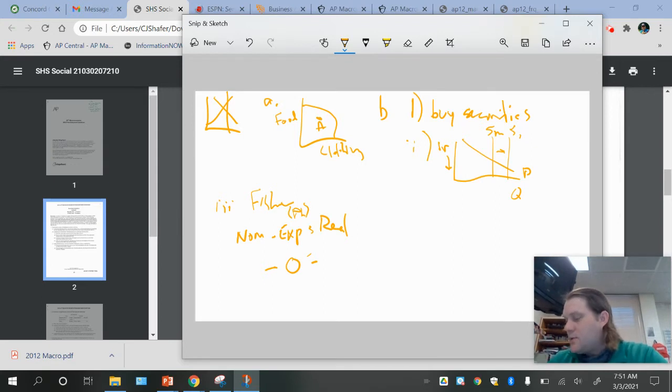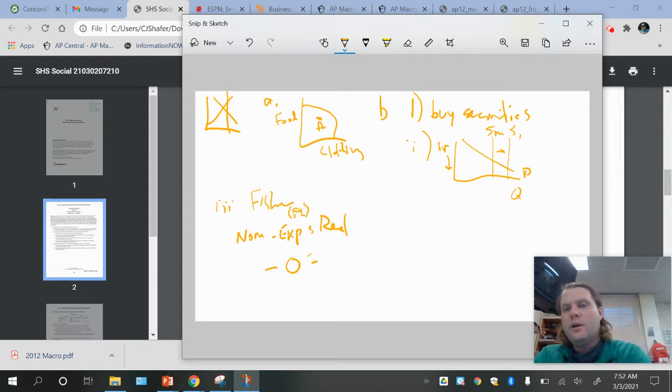What happens to the real interest rate as a result of the expansionary monetary policy? The real interest rate is going to go down because our money market graph is going to show us our nominal interest rate, because we don't know the price level of the GDP stuff. With this graph over here, we don't know it.